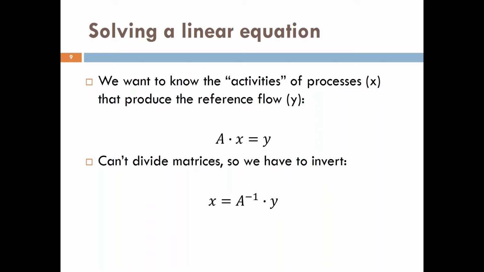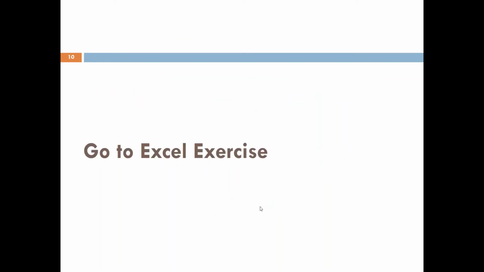In the matrix calculations, if we're interested in understanding X, we multiply the inverse matrix of A on both sides so that A is canceled out into the identity matrix, and X is calculated as A inverse times Y. So X is the amount of output by each process needed to produce 1 unit of methylene chloride, which we will do later.